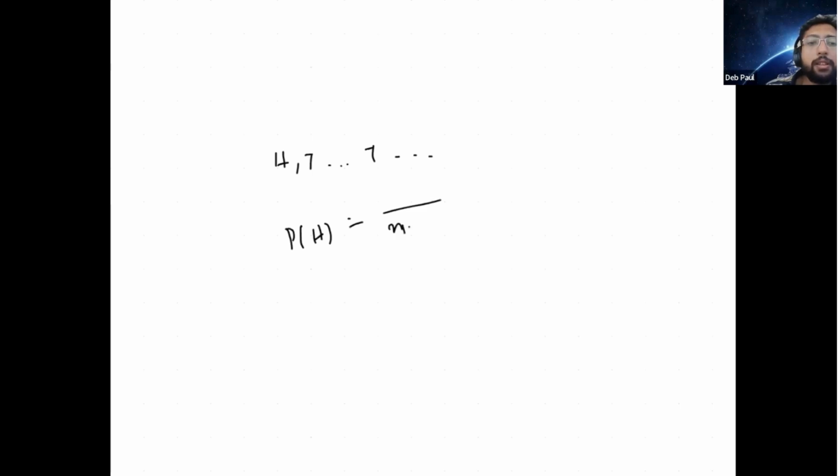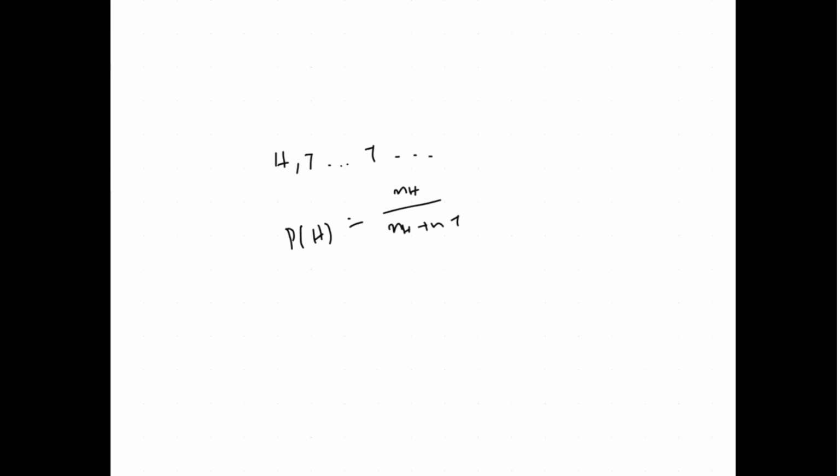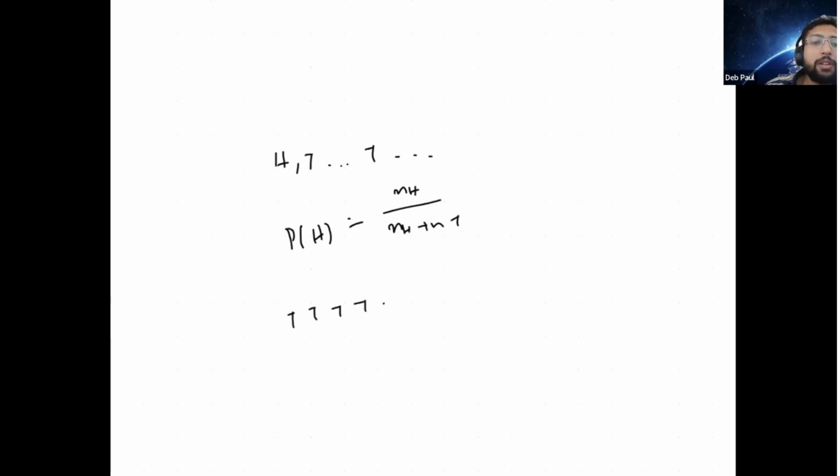The total number of times we toss and got head, upon the total number of occurrences. Okay. So can I say n of h upon n of h plus n of tails? Is that right? Yes. Okay. Now my question is, suppose you get all tails. Suppose I have 100 observations.